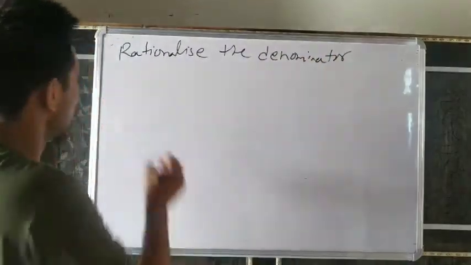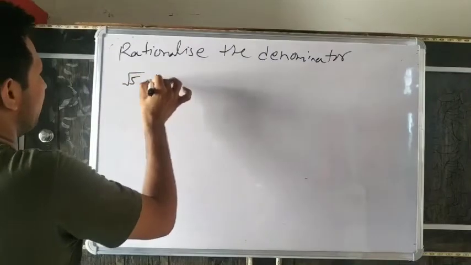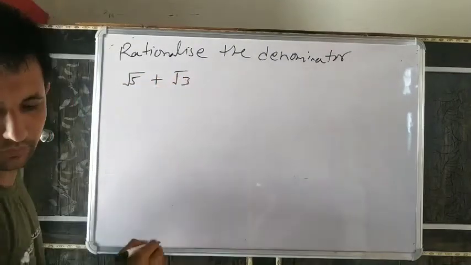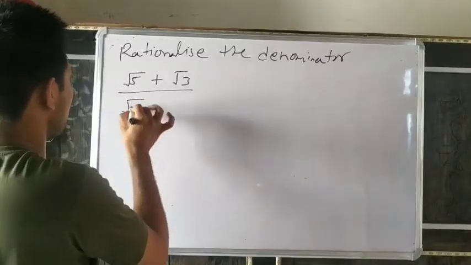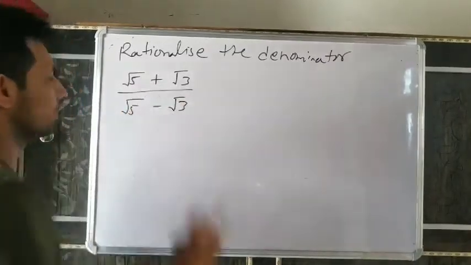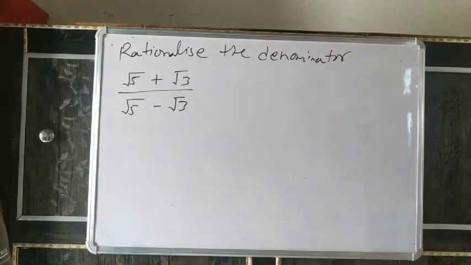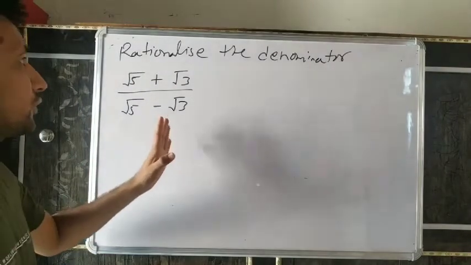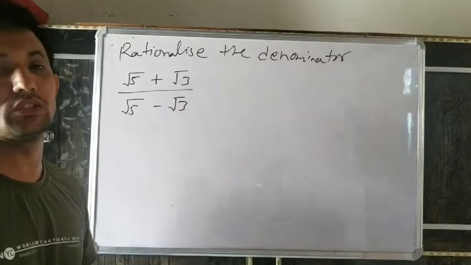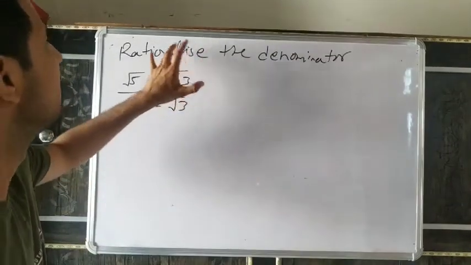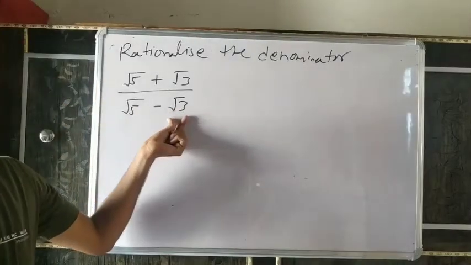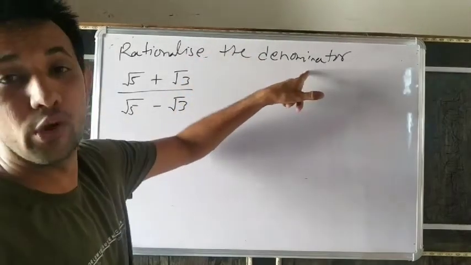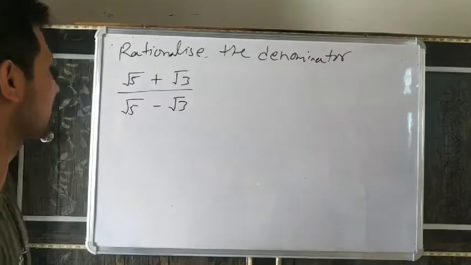What is root 5 plus root 3 divided by root 5 minus root 3? Rationalize. Most of the students made mistakes in these questions. What is the meaning of rationalize? Rationalize means we should remove the square root from the denominator. Of the denominator. So how will we rationalize?